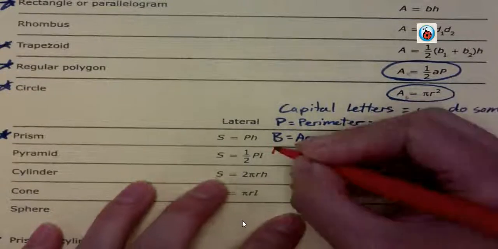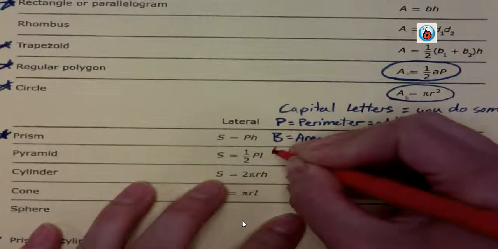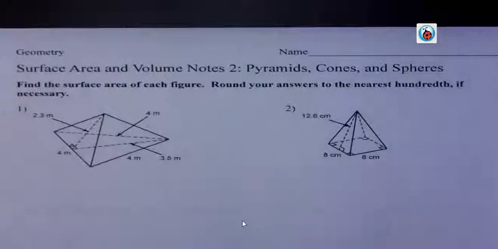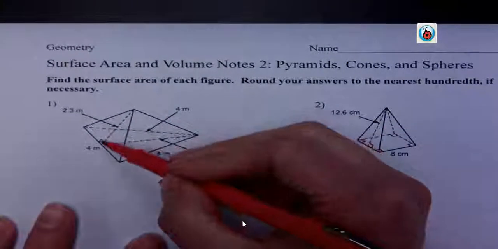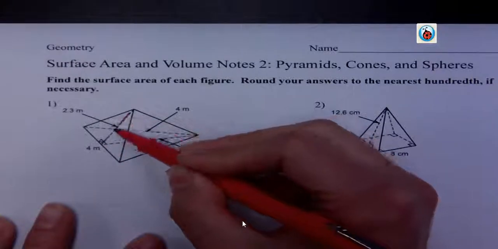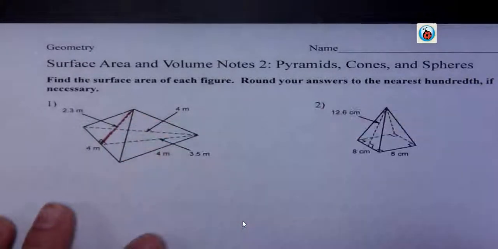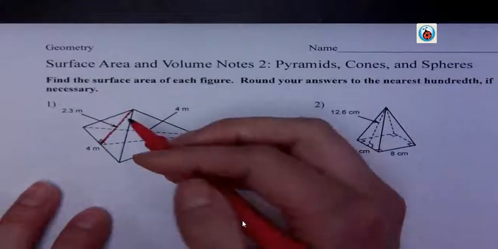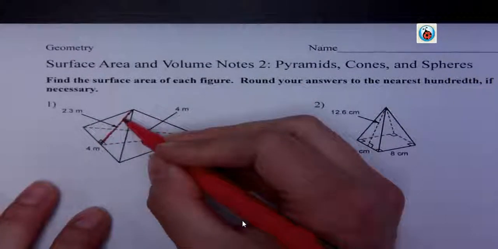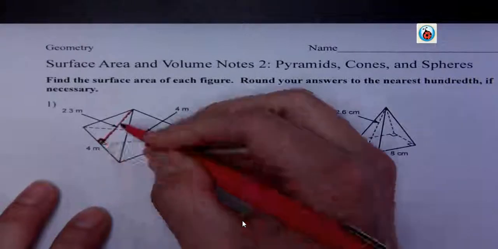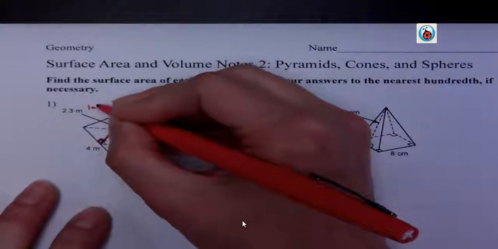And so the lateral height is just simply this height here. Because it's not a straight up and down height like we saw before, it's the slanted height from the edge to the tip and at a right angle with the edge. So that's the lateral height.